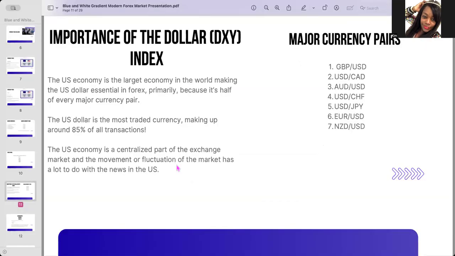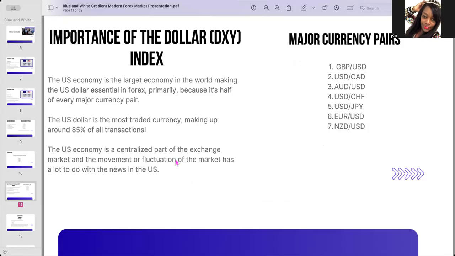That is why it is considered very essential in the Forex market. The US dollar is the most traded currency, making up about 85% of all transactions.